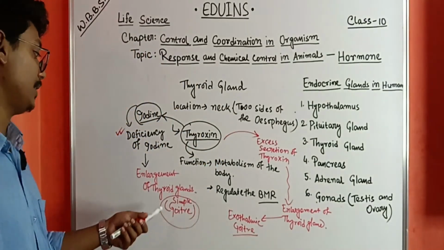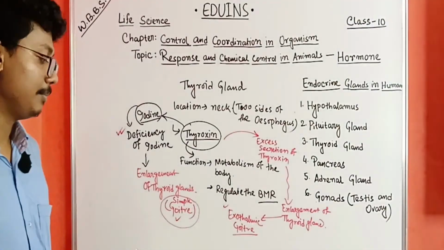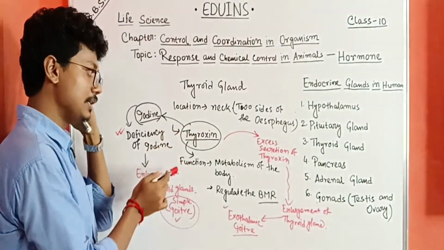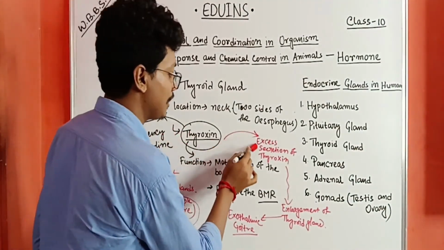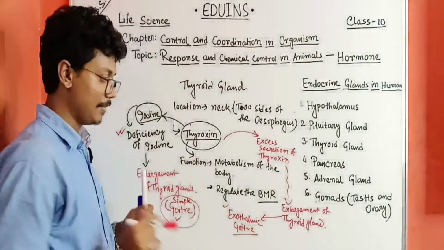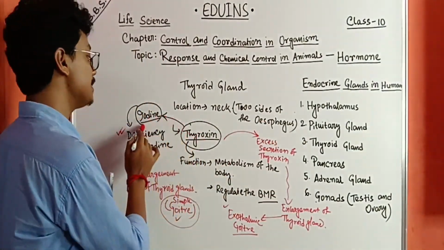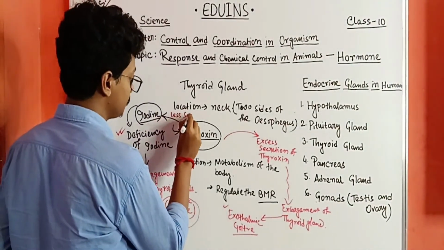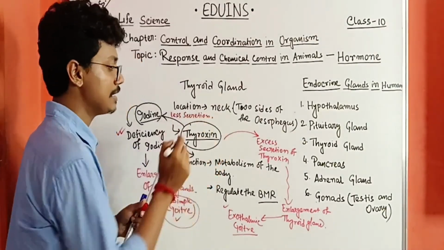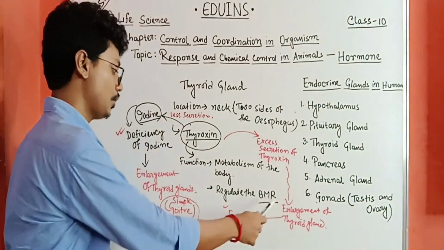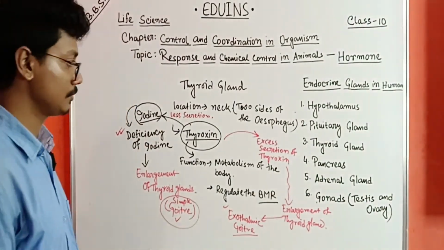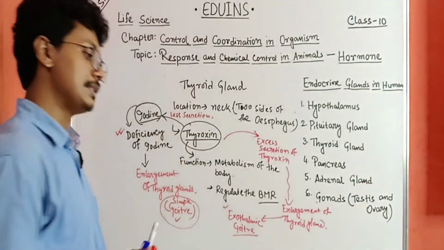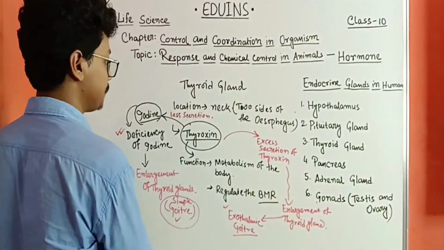So you have to remember what is simple goiter and what is exophthalmic goiter. Simple goiter is due to the deficiency of iodine, less secretion of thyroxine, and excess secretion of thyroxine causes the exophthalmic goiter. Both symptoms are the same, but the condition is different. Okay, this is the function of the thyroid gland and its secreted hormone.